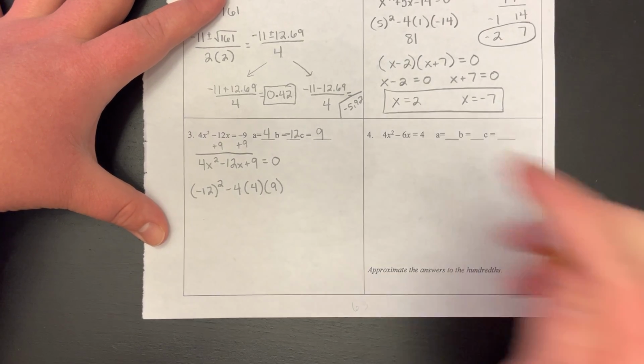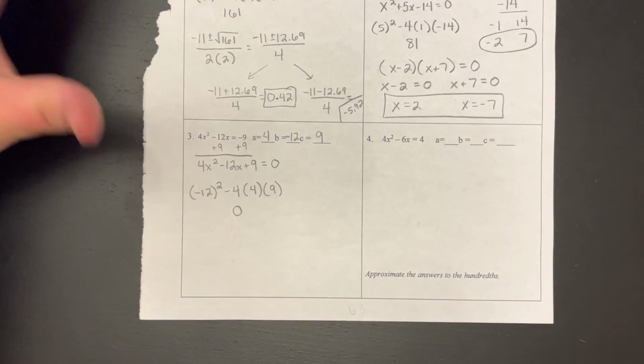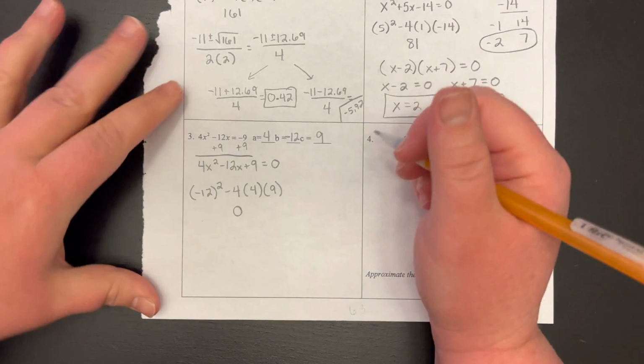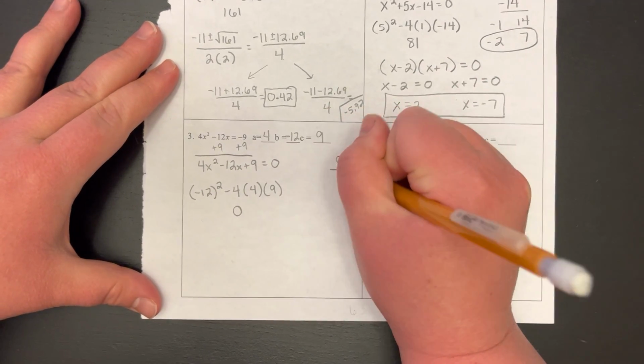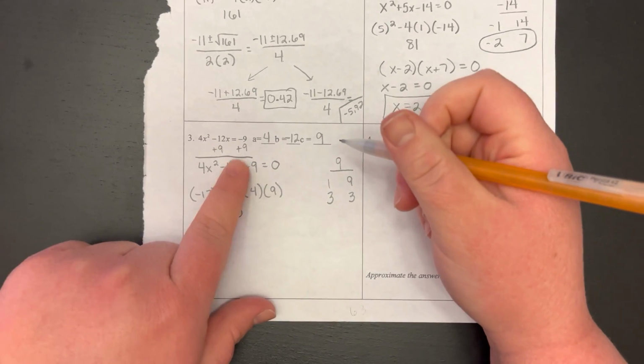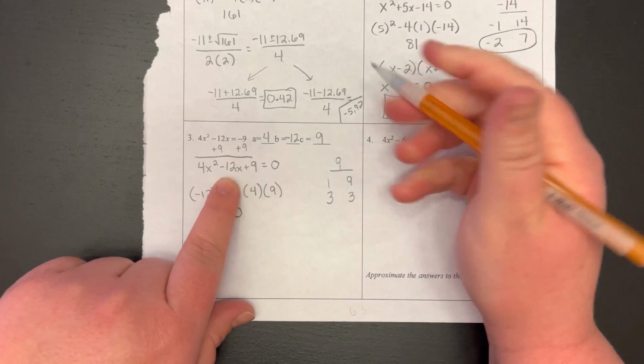And we get 0, which means that there's only one solution, and once again, we can factor it. So let's find all the factors of 9. We got 1 and 9, 3 and 3. The 9 is positive, so I need the signs to be the same.